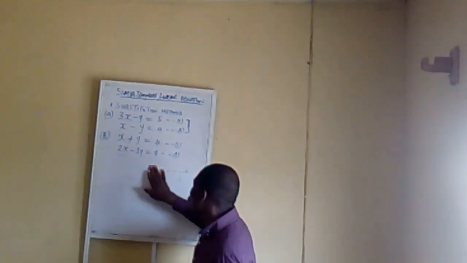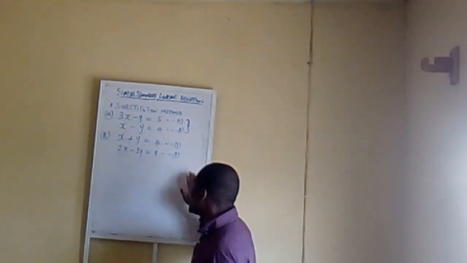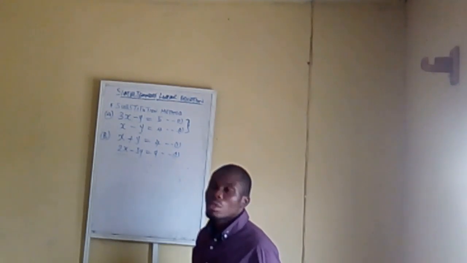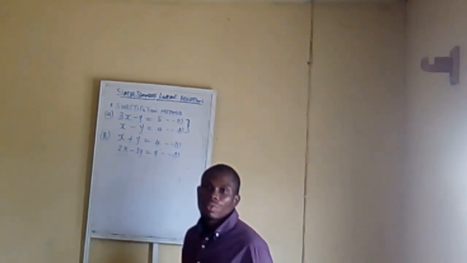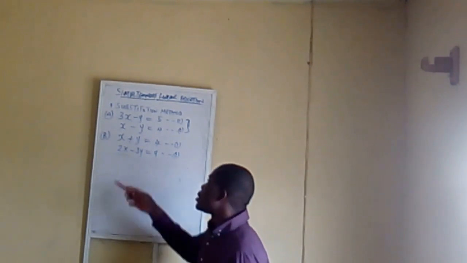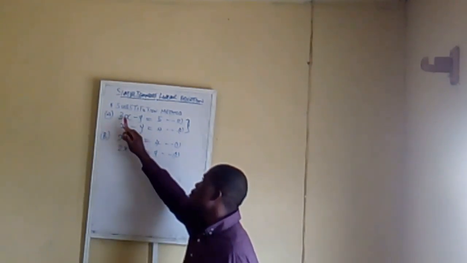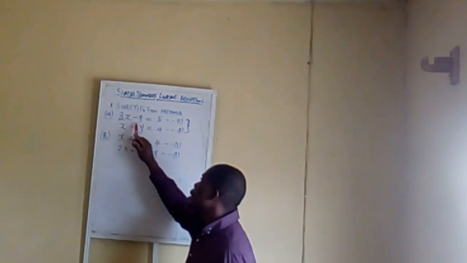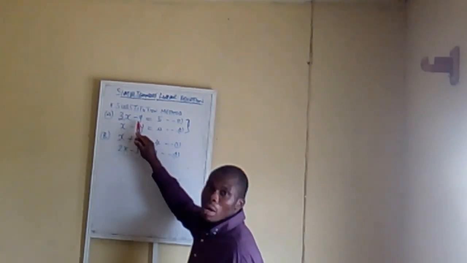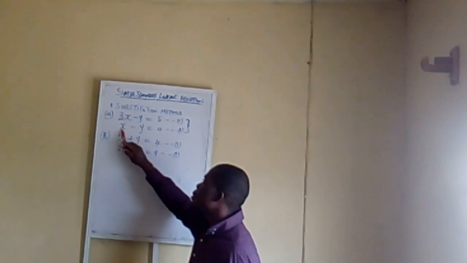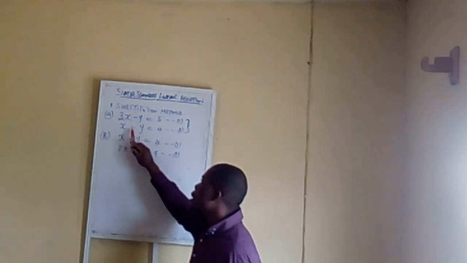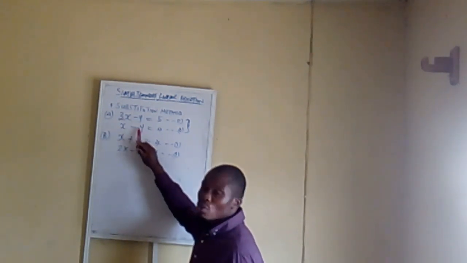In order for us to solve this, firstly we need to look at the coefficients of the variables. In this case, we have the coefficient of x to be 3 and the coefficient of y to be minus 1. We have the coefficient of x here to be plus 1 and the coefficient of y here to be minus 1.